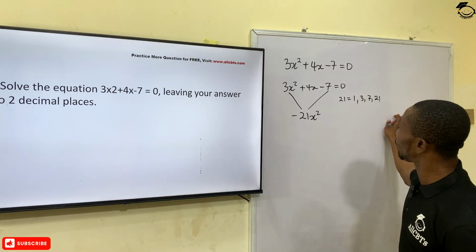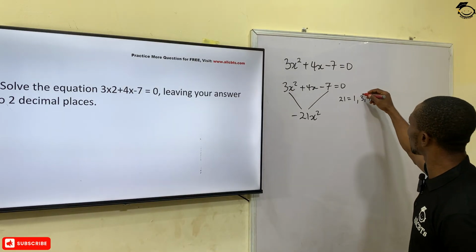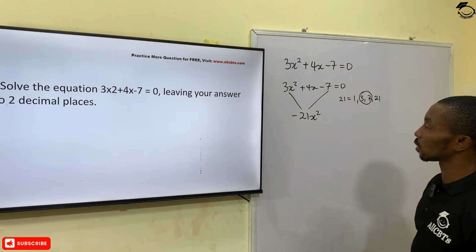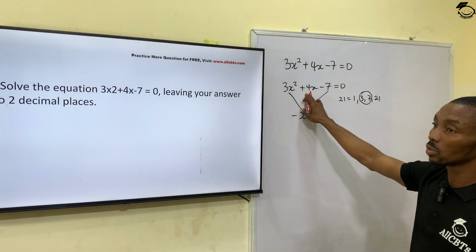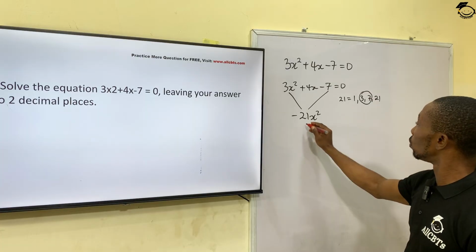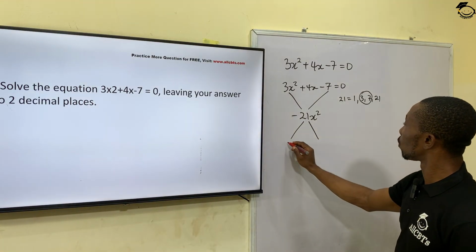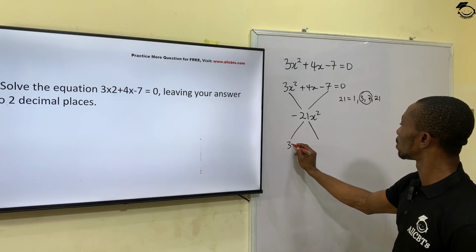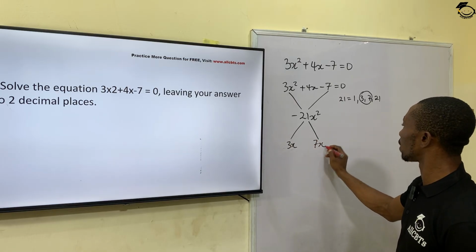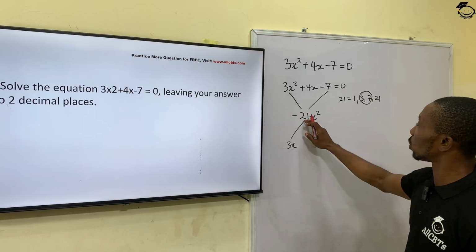Now, since these are the factors of 21, we can see that 3 times 7 would give us 21, and 7 minus 3 will give us 4. So now introducing it here, we have 3 and 7. 3 times 7 is 21.